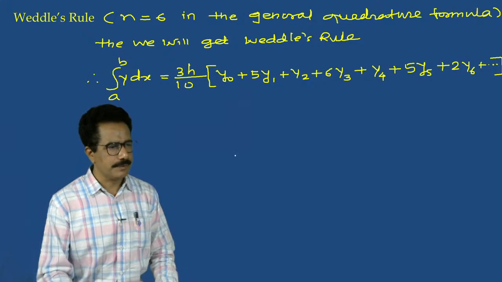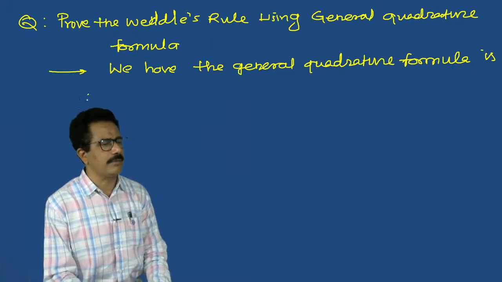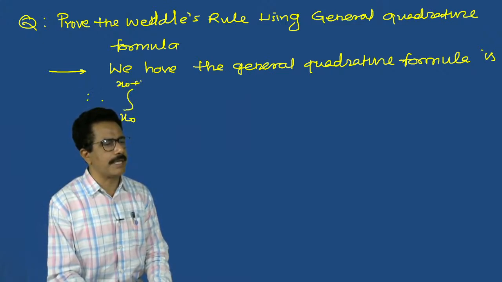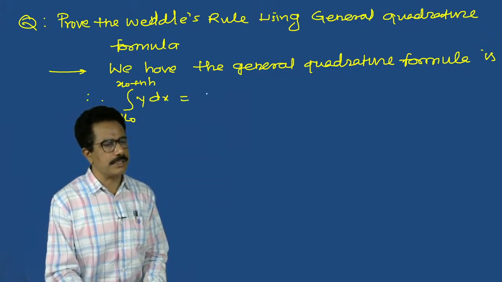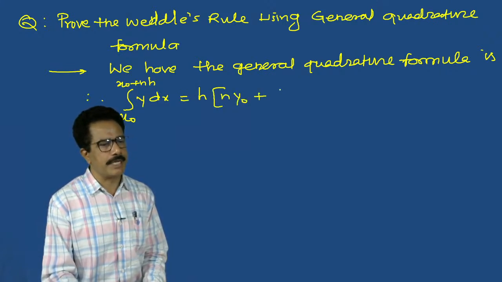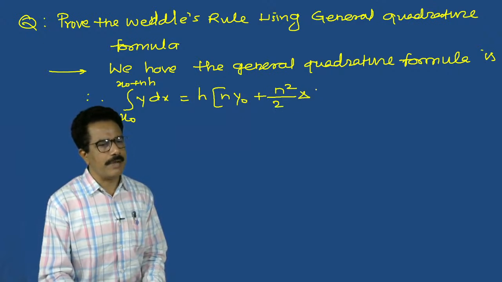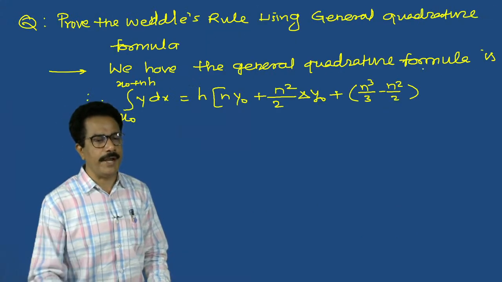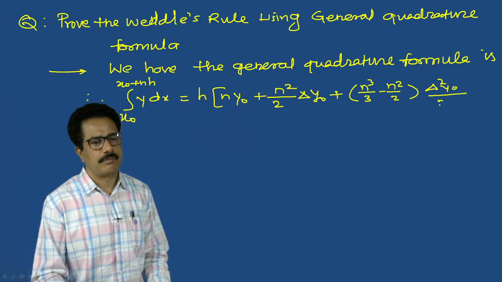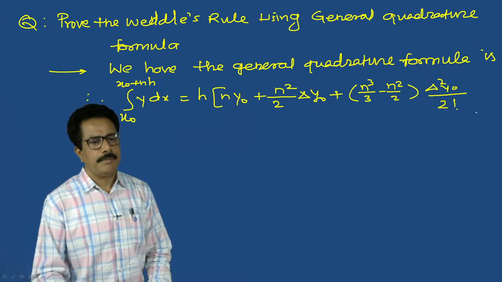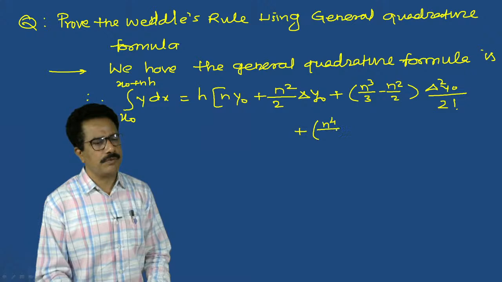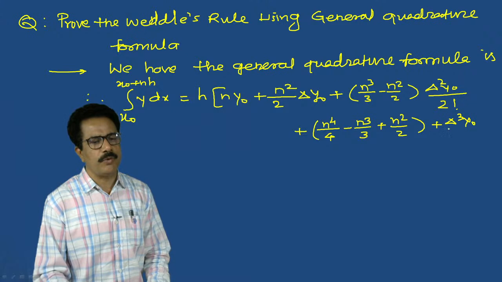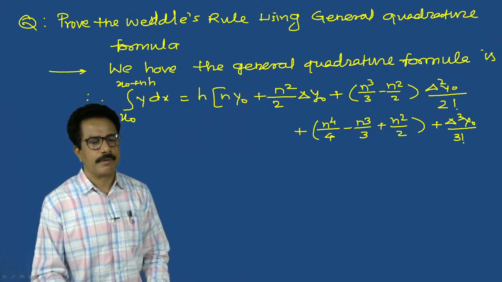So we can write the general quadrature formula as integral from x0 to x0 plus nh, meaning a to b, y dx, which equals h into n y0 plus n square by 2 into delta y0 plus (n cube by 3 minus n square by 2) into delta square y0 upon 2 factorial plus (n raised to 4 by 4 minus n cube by 3 plus n square by 2) delta cube y0 upon 3 factorial plus and so on.